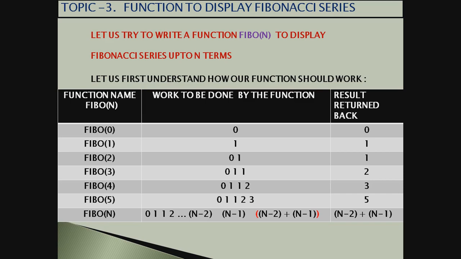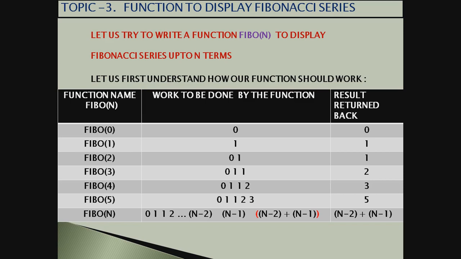Can you see the second 1 in this series? How do you think that 1 came? Yes, that 1 is nothing but the summation of the previous 2 numbers in the series. See, the previous 2 numbers in that series are 0 and 1. And 0 and 1 when added, that is 0 plus 1, give 1.